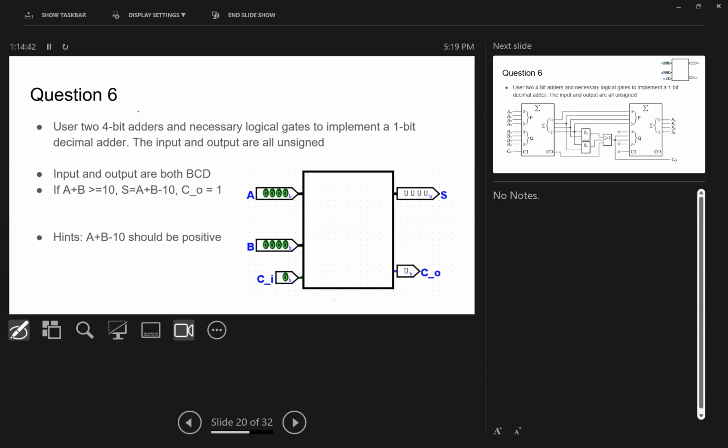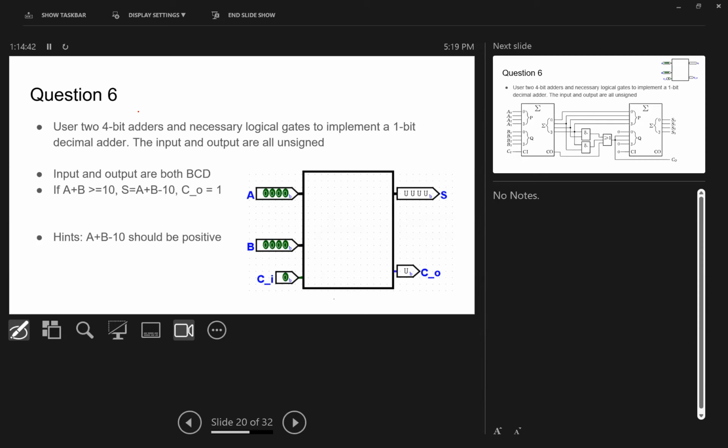For example, if we want to get the binary code 100, we just want the input 4 to be 1, and all the other inputs are 0, right? But for this case, what we want for this binary code is just this as the input for the decoder.